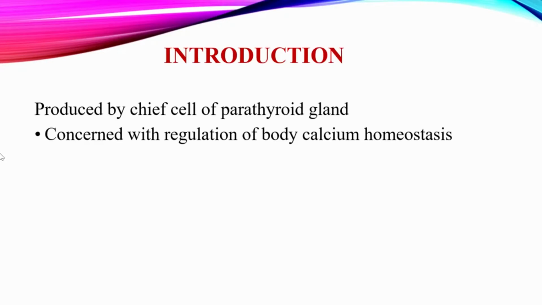There are four parathyroid glands situated adjacent to the thyroid gland, and each is about the size of a rice granule. This gland is responsible for the synthesis and secretion of parathyroid hormone, whose main function is the regulation of body calcium. So it is involved in body calcium homeostasis.